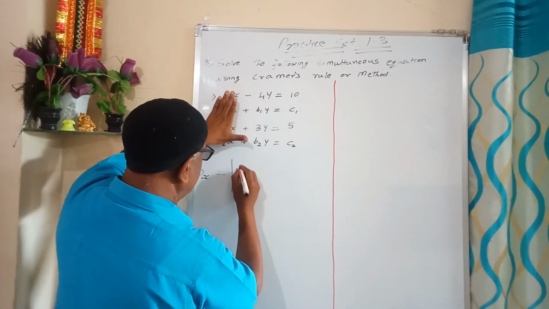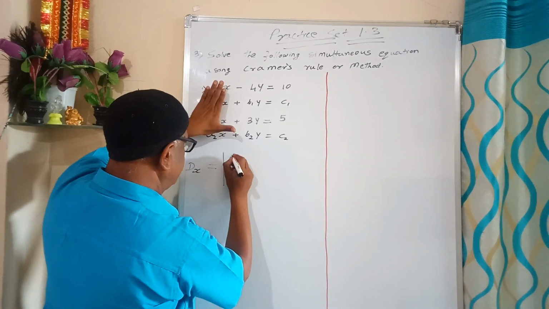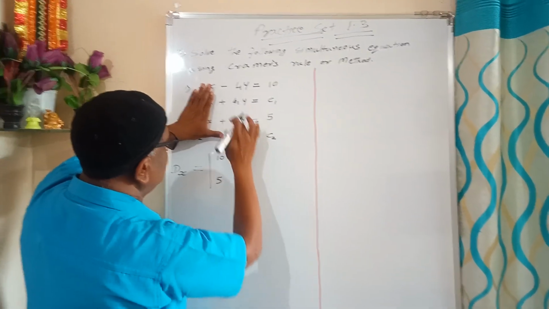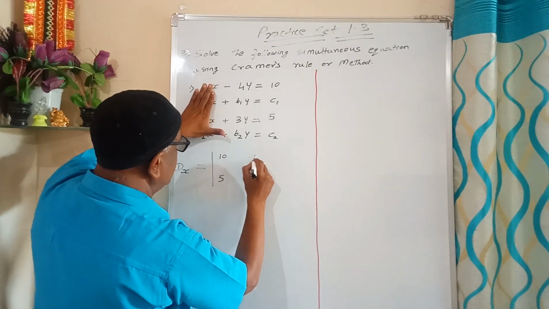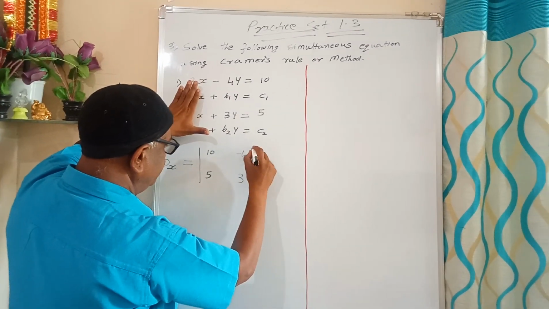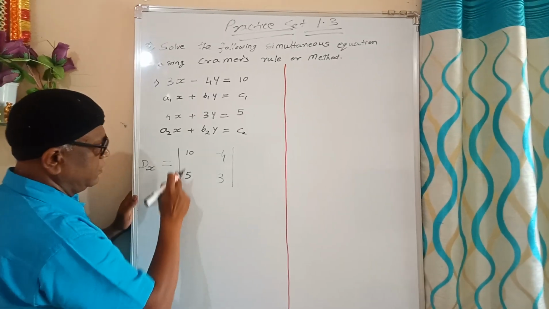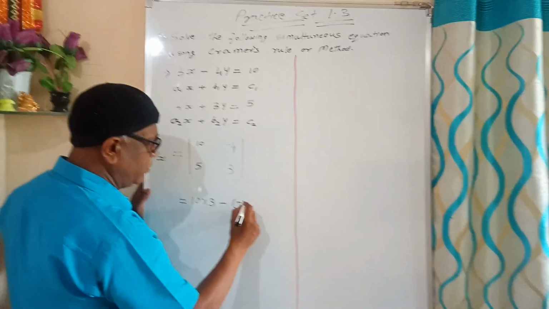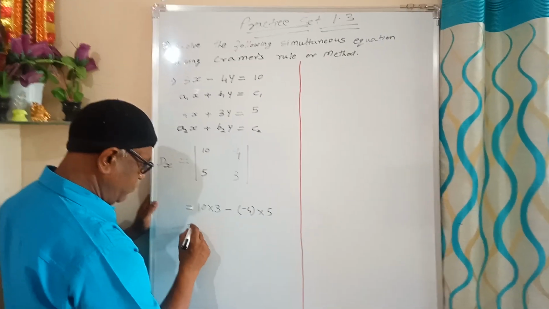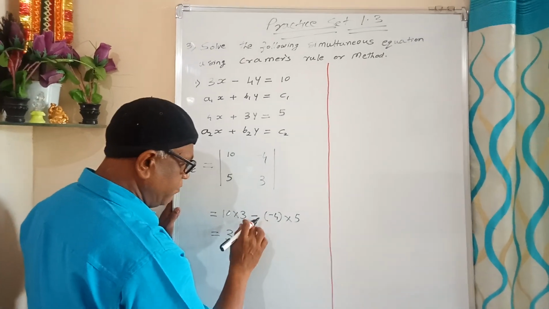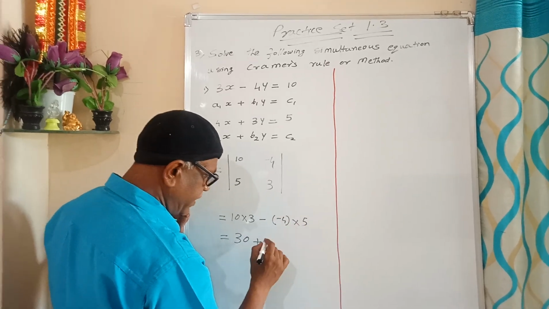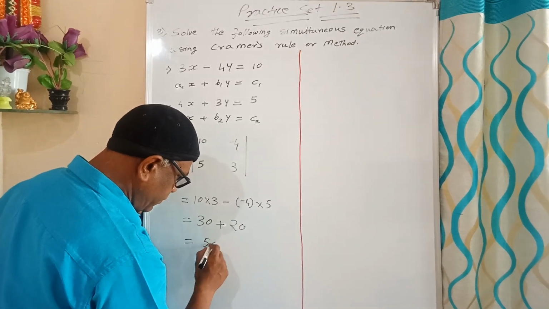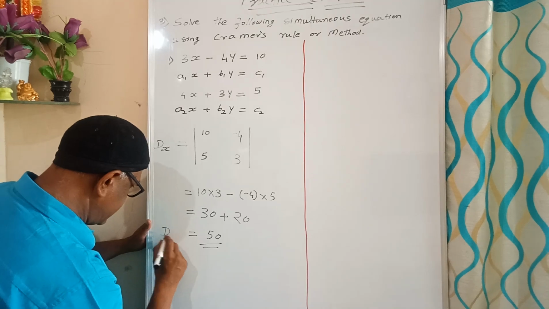Now first write the constant terms 10, 5, and the coefficients of b1 and b2 with sign, that is minus 4 and 3. 10 into 3 minus, in bracket, minus 4 into 5, which is equal to 10 threes are 30, minus into minus is plus, 4 fives are 20, which is equal to 30 plus 20, that is 50. This is the value of dx.